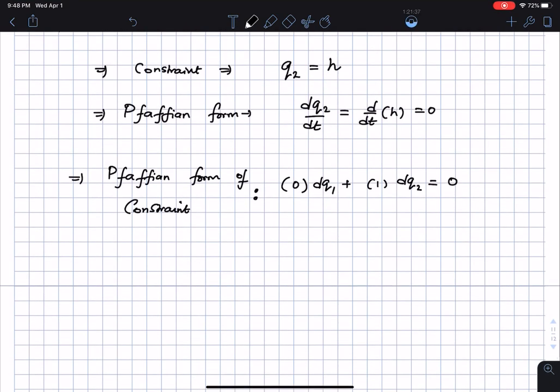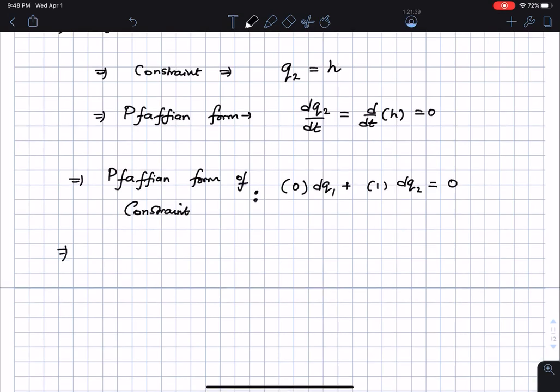An important thing to note: j is the constraint equation number, and then i is going to be the index on the configuration coordinate.